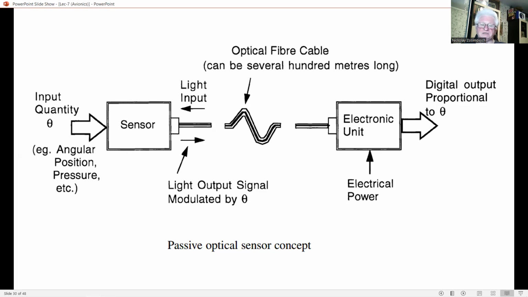The processing of this optical signal is carried out by a separate electronic unit, which is fully screened from EMI, the only connection between the sensor and the electronic unit being an optical fiber cable. The basic concept of such a sensor is shown in this slide.